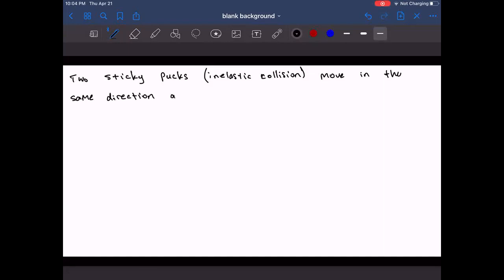So I'm just being a little redundant, but inelastic collision, that's the point. Move in the same direction, then stick together after contact. Elastic, they bounce right off. They do not stick together. Kinetic energy is conserved in that case. It is not in this case, inelastic.